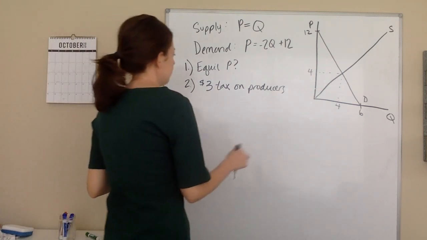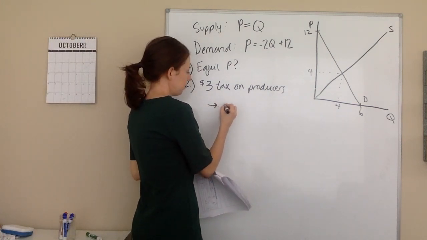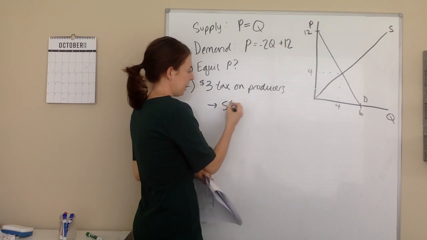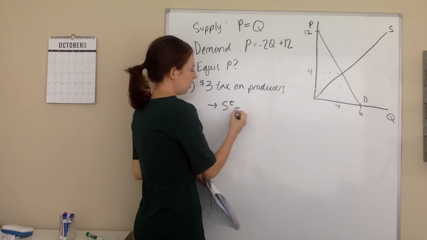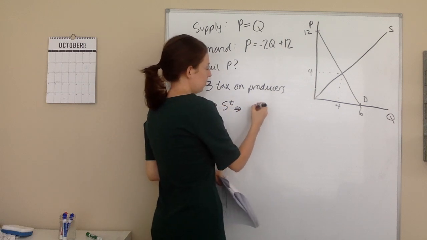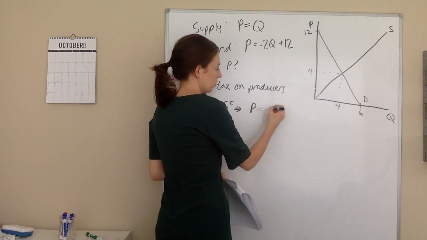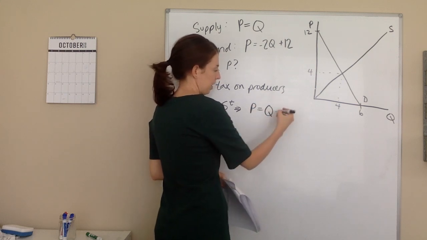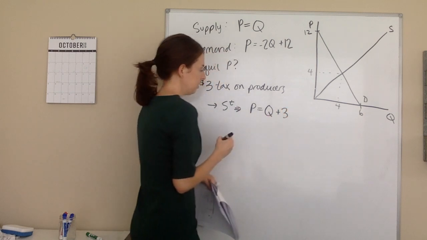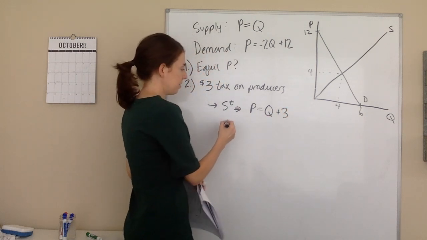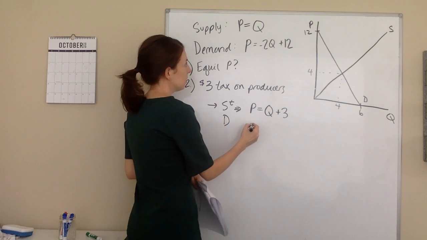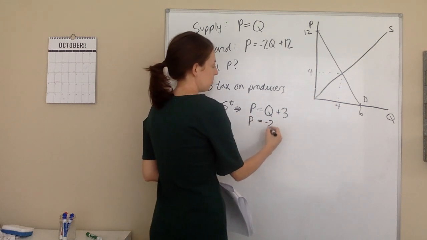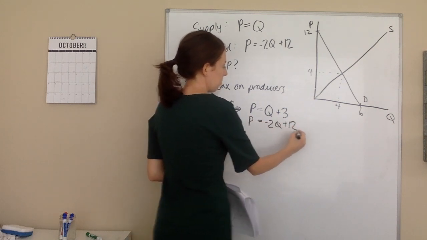So what you'll get is that the new supply under the tax is going to be the price equals the quantity, again the slope didn't change, plus 3. And the demand doesn't change, so the demand is still price equals negative 2Q plus 12.